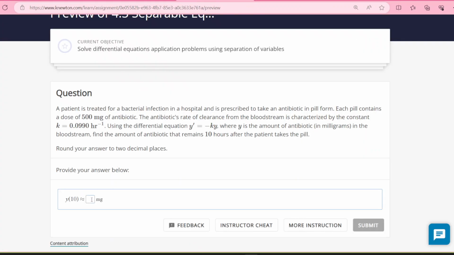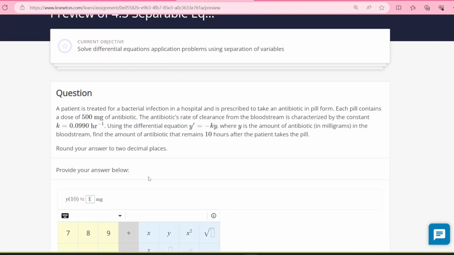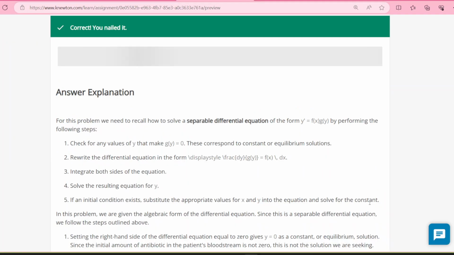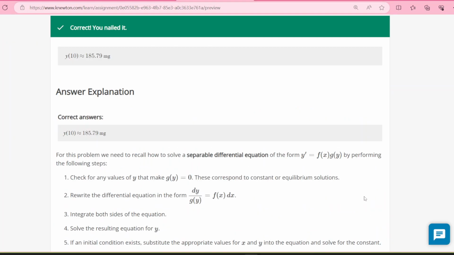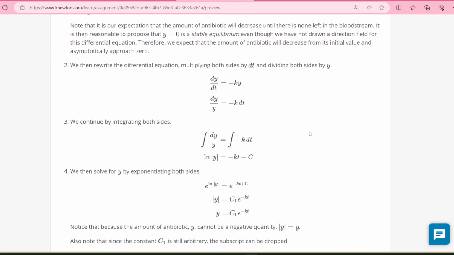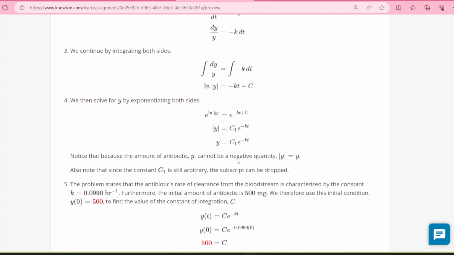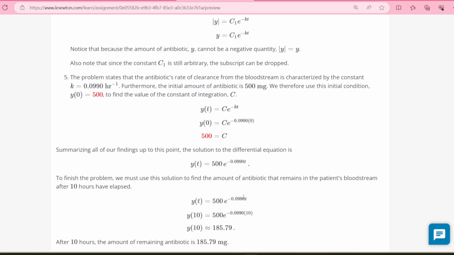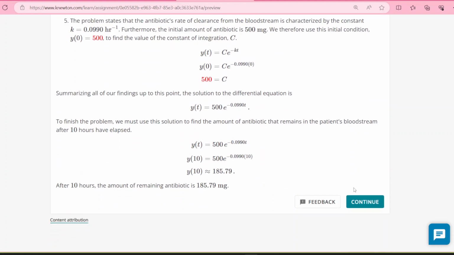That is what I shall enter back here. 185.79 milligrams. Wonderful. And again, please look through the answer explanations. So you see again how they go general and then specific. All right. Okay.